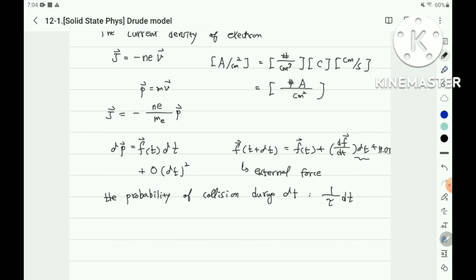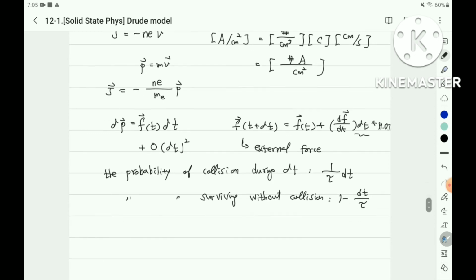In other words, the probability of surviving without collision is 1 minus dt over tau. And this value, dt over tau, is the probability of collision, and 1 minus it is the probability of no collision.